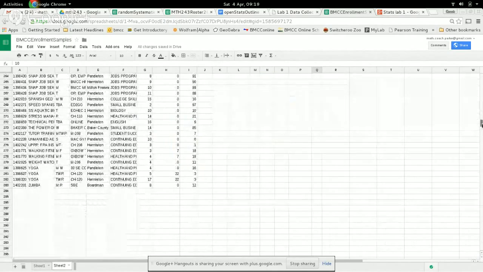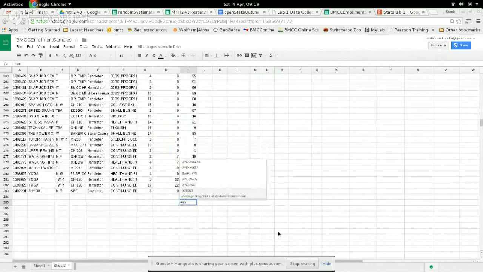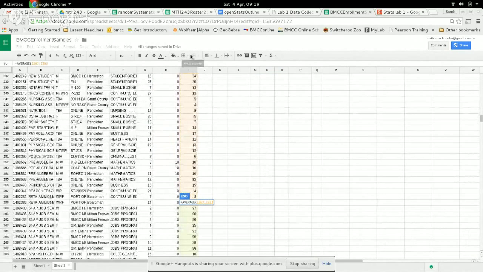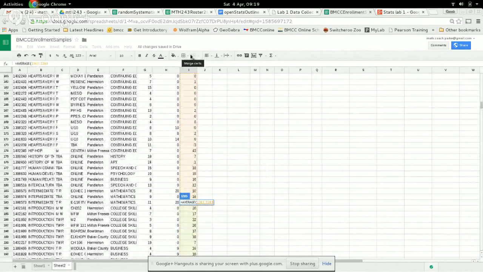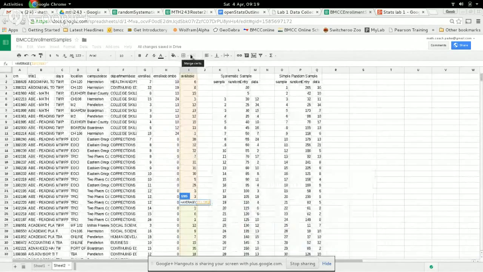Probably was. So I can get an average of this whole set by just coming down here and typing average, or I could go to the commander, look for a command that does average. Again, it tells me what it does. So I need to select all the data that I need. And that is the wrong column, isn't it? Yes, that is the available column.